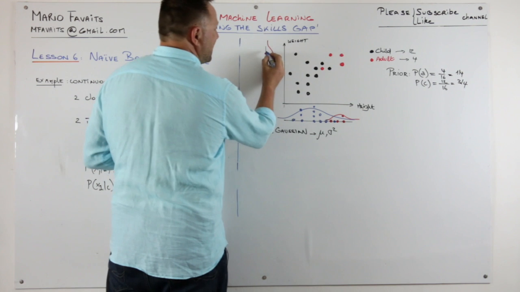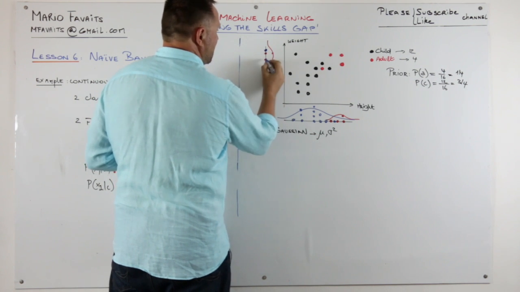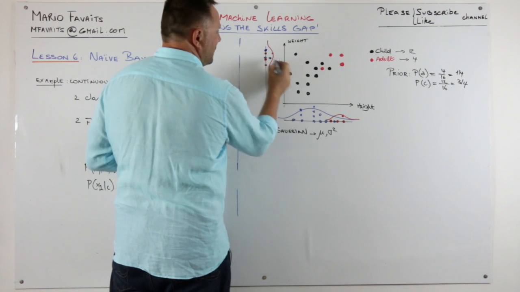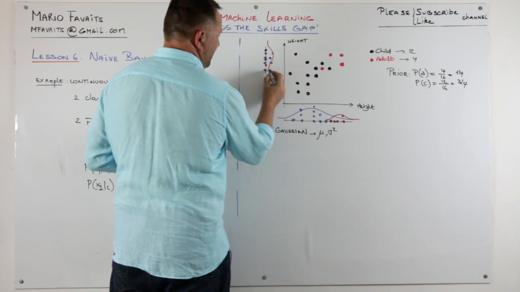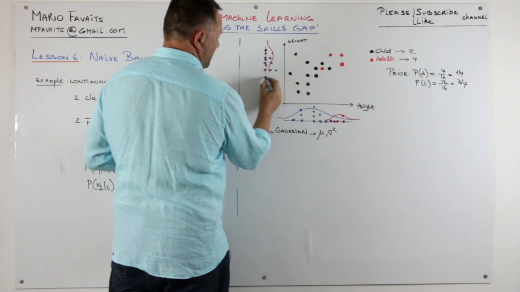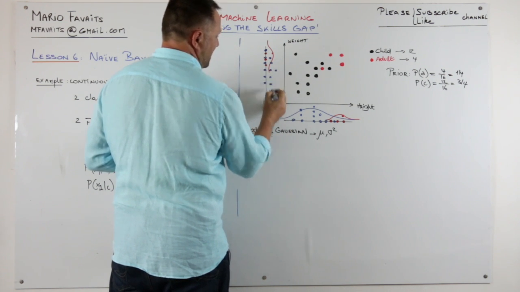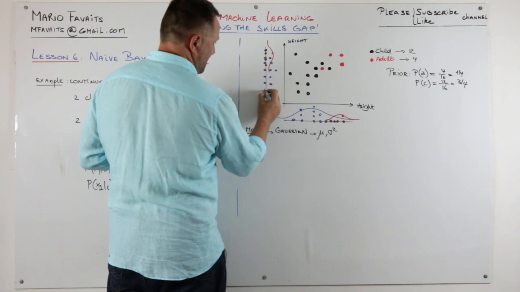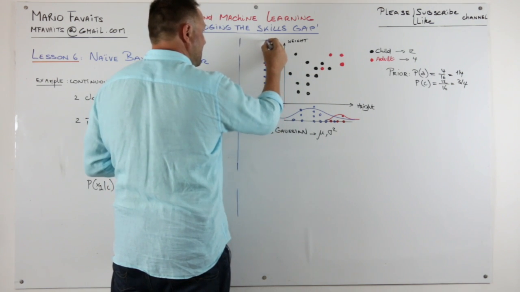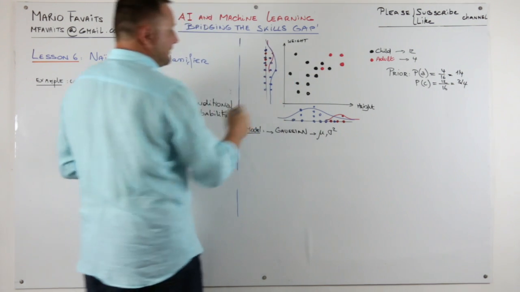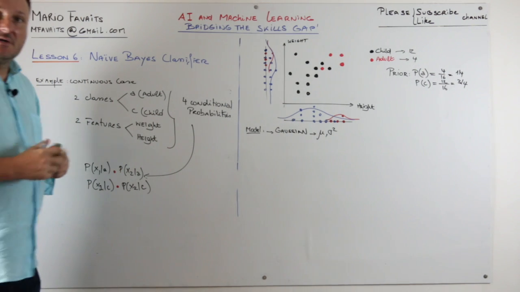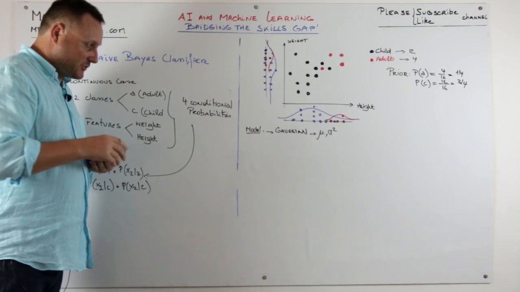And the same on this side is 1, here I have 2, another 2, another 3 here, 2 and 2. So it will be something like this. So we have 4 Gaussian distributions.